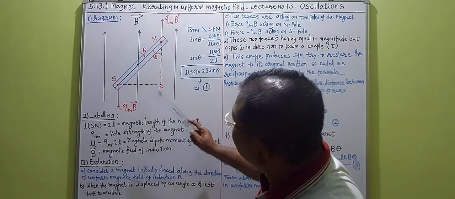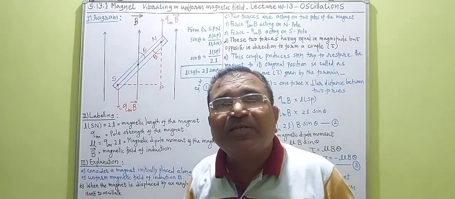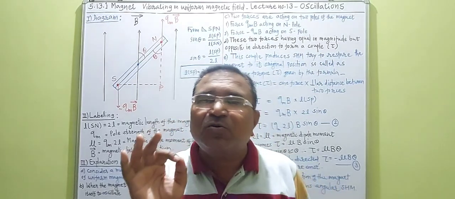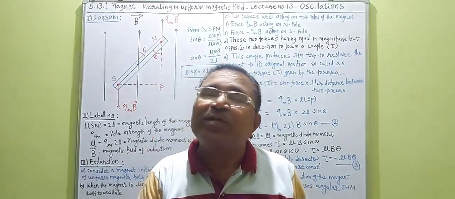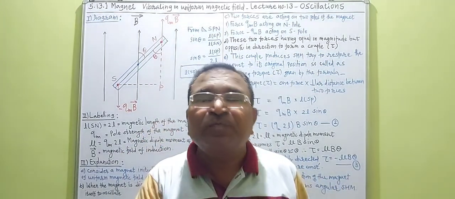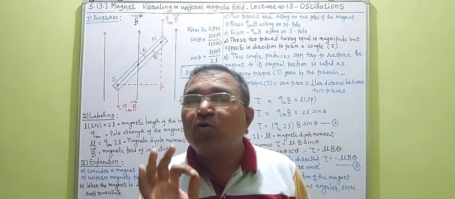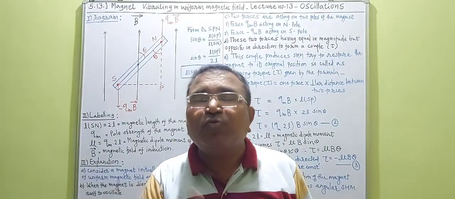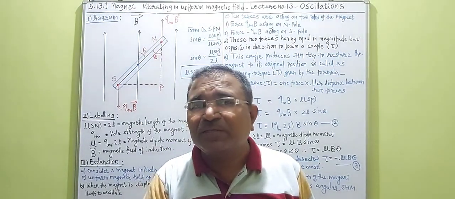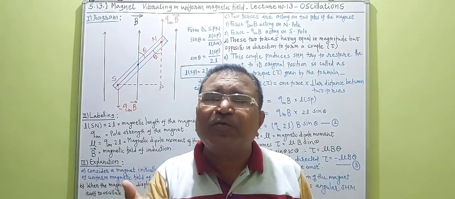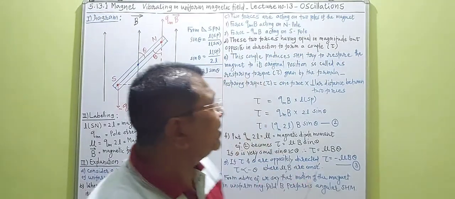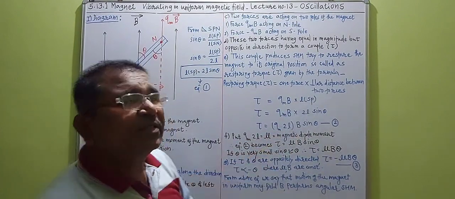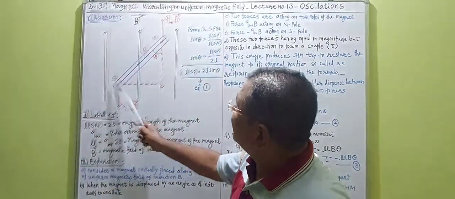Remember well, dear students, the restoring torque tau is given by the relation tau equals the magnitude of one force into the perpendicular distance between the two forces. The magnitude of any one force is Qm into B, and the perpendicular distance between the two forces is the length of SP.